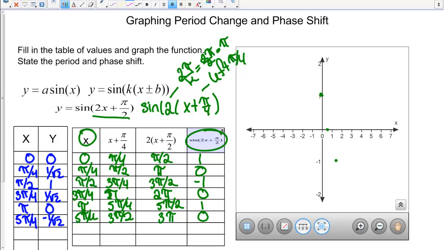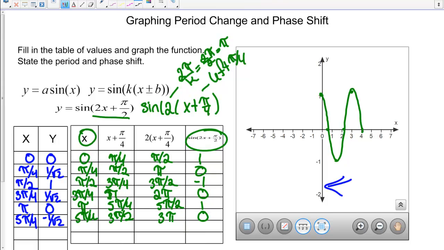Pi over 2, -1. 3 pi over 4 is 0. Pi is 1. And 5 pi over 4 is back down to 0. So we see that first we had a phase shift left by pi over 4, and then we had a horizontal stretch by a factor of 2.